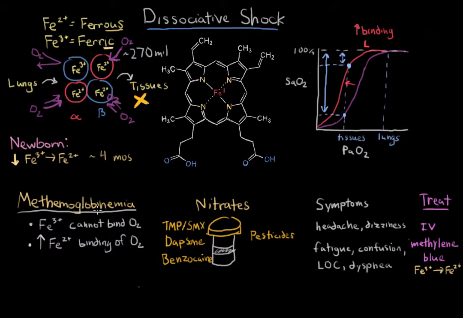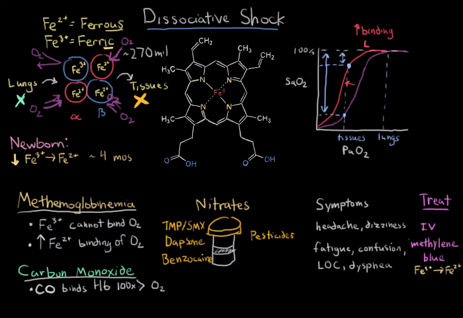Now to finish this up, methemoglobin is not the only cause of dissociative shock. Another major cause is carbon monoxide poisoning. So the molecule carbon monoxide has one carbon and one oxygen. Carbon monoxide actually binds hemoglobin, Hb, 100 times greater than oxygen. So carbon monoxide actually prevents oxygen from binding onto hemoglobin in the lungs.